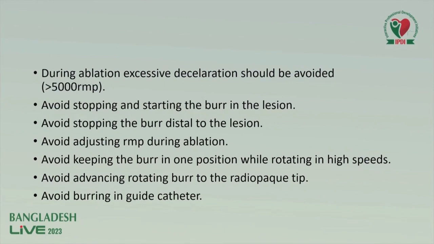We have to avoid stopping and starting the burr in the lesion, avoid stopping the burr distal to the lesion, avoid adjusting the RPM during ablation, avoid keeping the burr in one position while rotating at high speed, avoid advancing the rotating burr to the radiopaque tip, and avoid burring in the guide catheter.